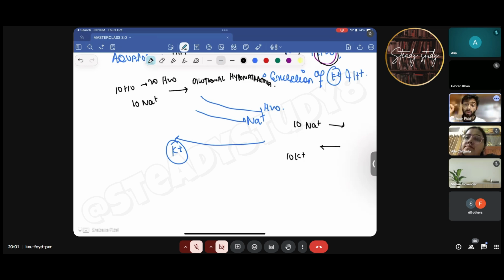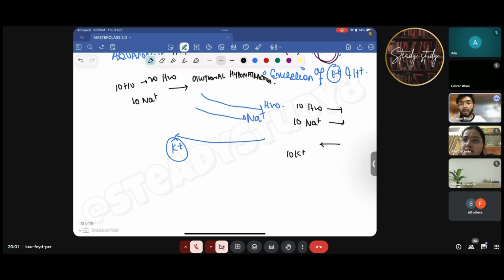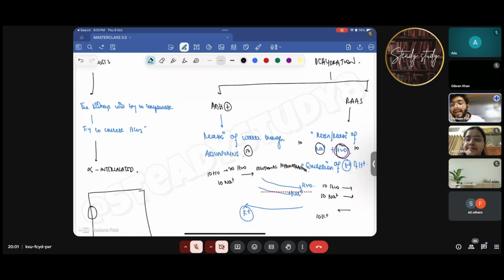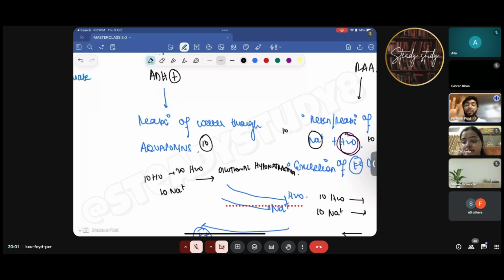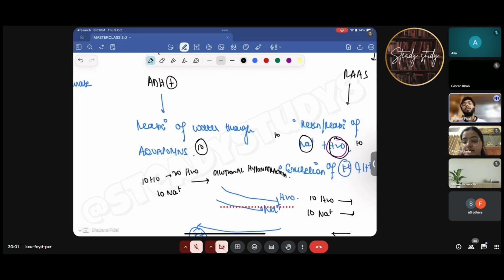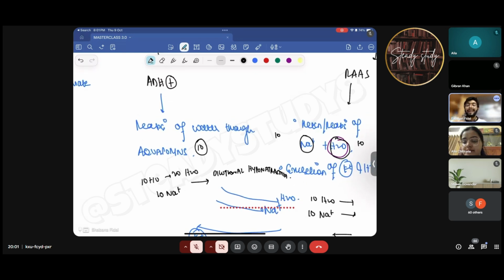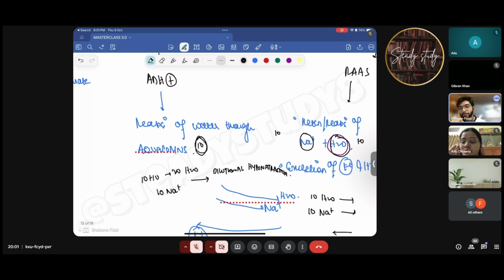Now with this sodium, 10 water is coming in. But ADH does not require sodium to pull the water. ADH directly activates aquaporins in the collecting ducts. Aquaporins catch hold of water and pull it in. So aquaporins directly pulled 10 molecules of water inside.